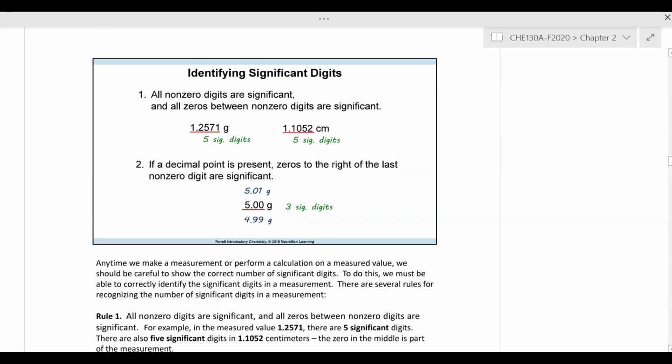Now, one of the difficult concepts that folks encounter in chemistry is that we start thinking about not only numbers and data, but also how well we know those numbers and data, which is really a very liberal arts thing to think about. To what extent do we have knowledge? So we have this concept of significant digits or significant figures.